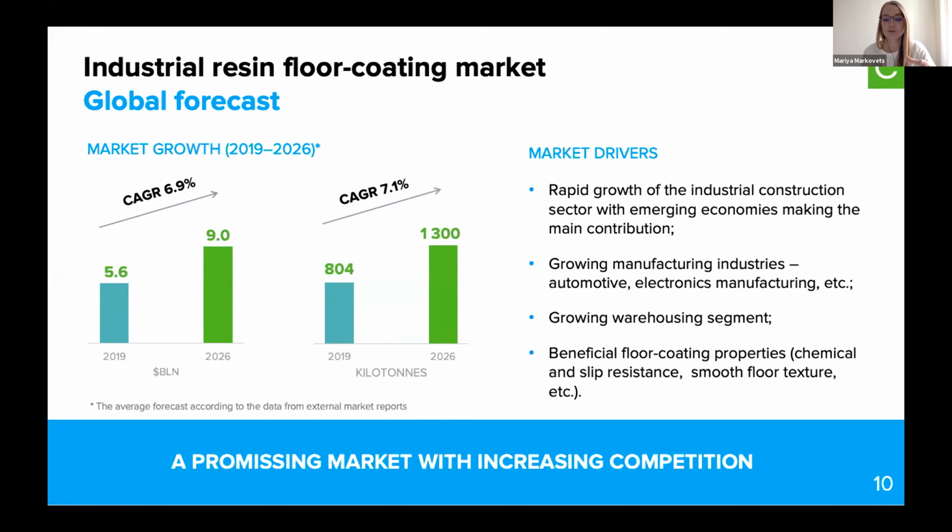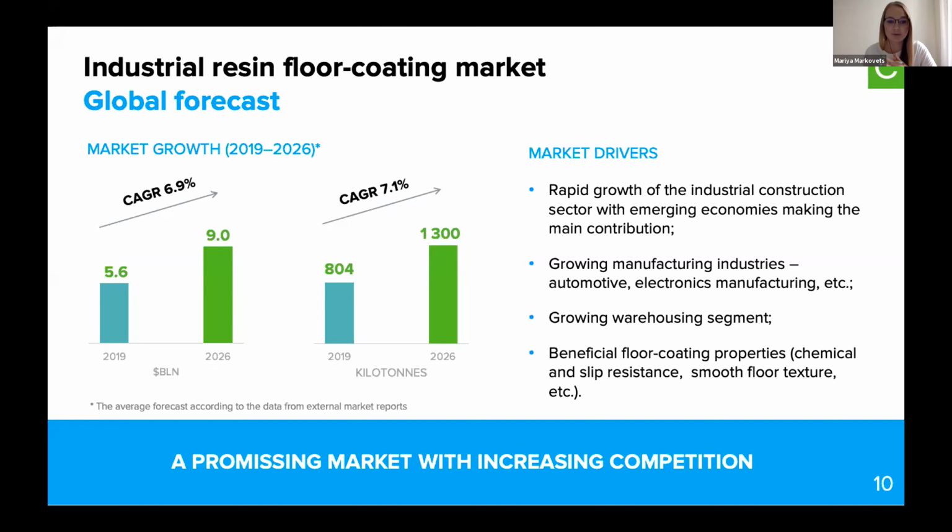It's important to note that a lot of customers choose this type of floor due to its beneficial properties. For example, smooth floor texture is very demanded because of the increasing number of high technology equipment with enhanced mobility now on the market.